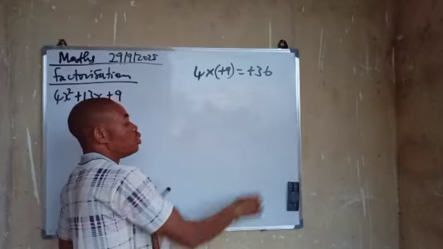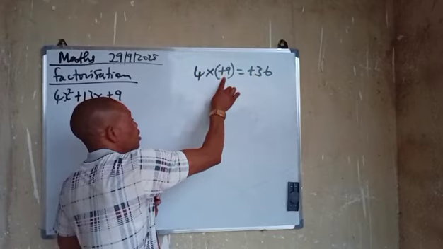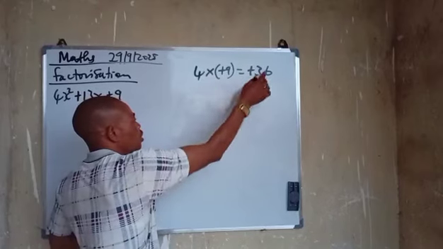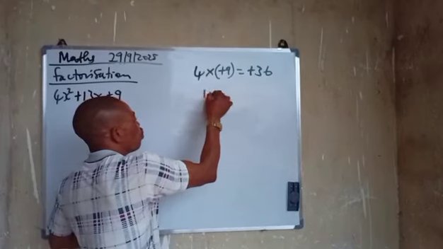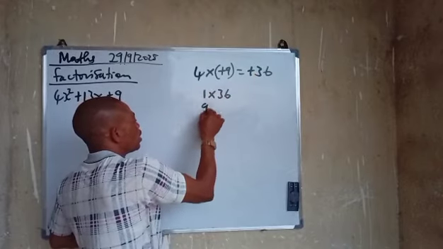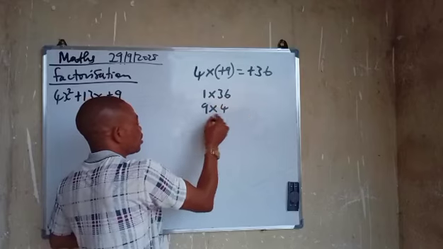Then the second step, we look for the factors of this number we obtained after multiplying. We look for the factors of 36. Let's look for them. We have 1 times 36 will give us 36. We have 9 times 4 will give us 36.